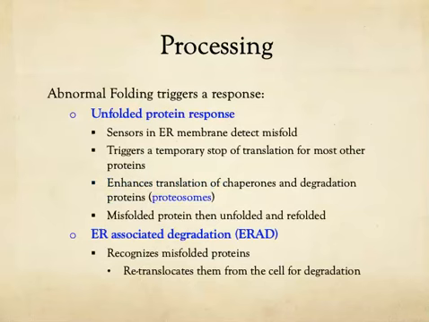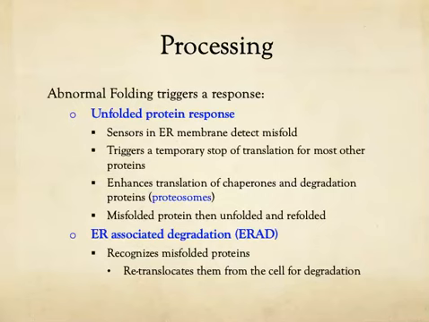So abnormal folding matters because any protein that is not folded correctly is going to be a protein that can't do the job it was intended to do. Remember, form and function are intimately related when it comes to proteins and other molecules in the cell.